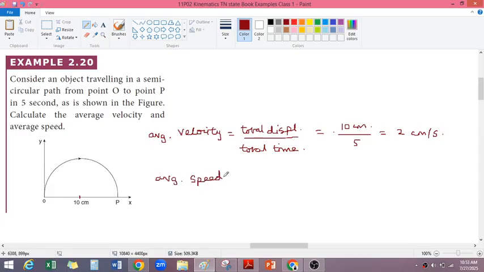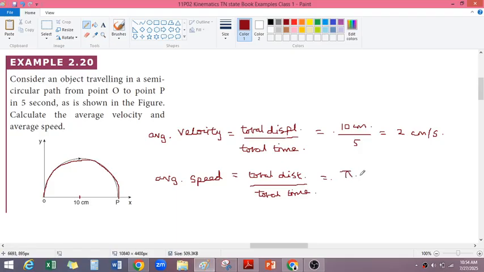Average speed formula, you should know it, is total distance by total time taken. Total distance, you have to take this path, right? Not the diameter. For displacement, we took this one. For distance traveled, you have to take this one, which means it is pi r.